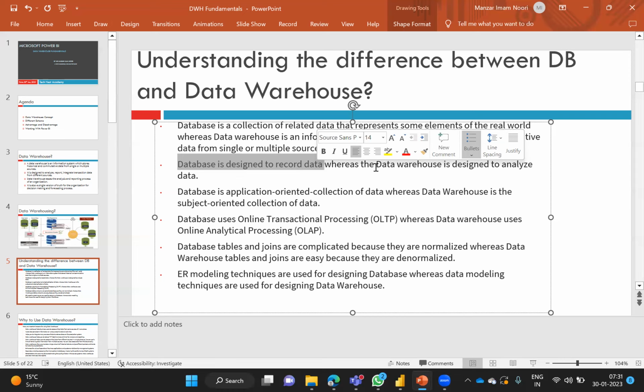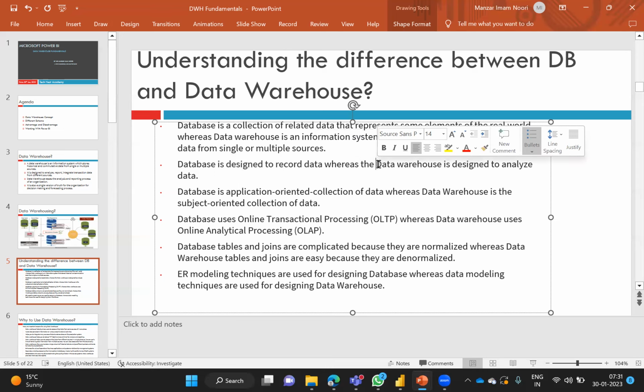But in data warehousing, you are going to use a concept where the data is in denormalized form, so that getting and integrating data is easier. If it is in normalized form, the complexity will be more. You have to create more joins and all. So you have to understand these concepts. I am not going to describe that, but you have to understand this.